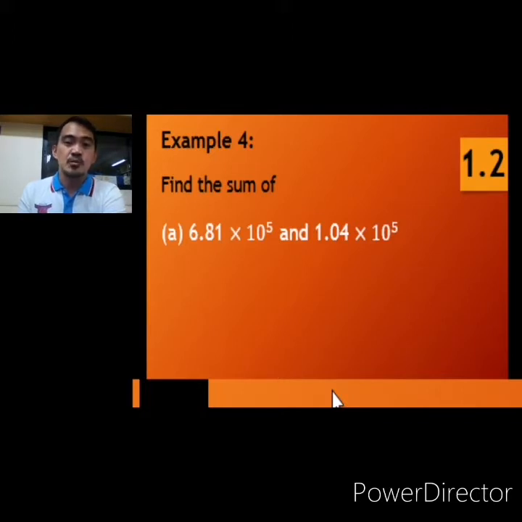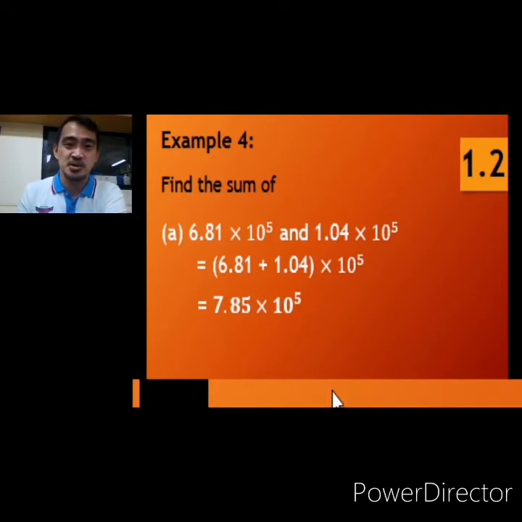So therefore, we will just get the sum of the two numbers: the quantity 6.81 plus 1.04 times 10 raised to the power of 5. And the sum is equal to 7.85 times 10 raised to the power of 5. That's your final answer.